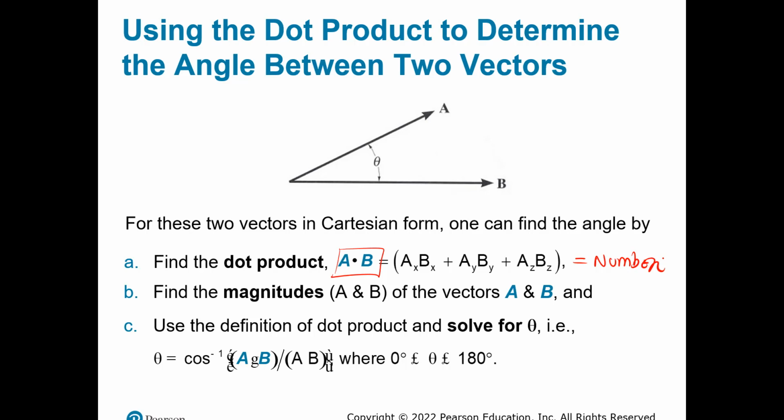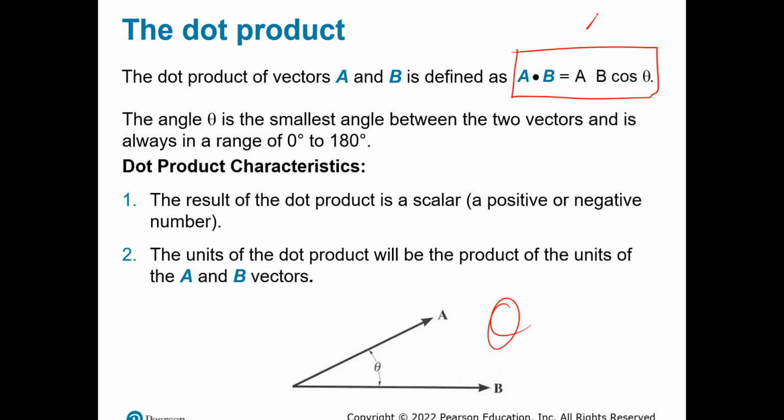What is the definition of the dot product? Don't forget, let me go back. A dot B is equal to the magnitude of A times the magnitude of B times cosine of theta.